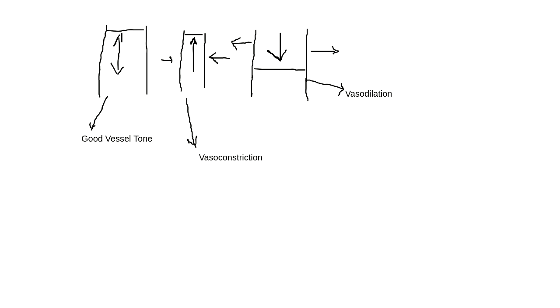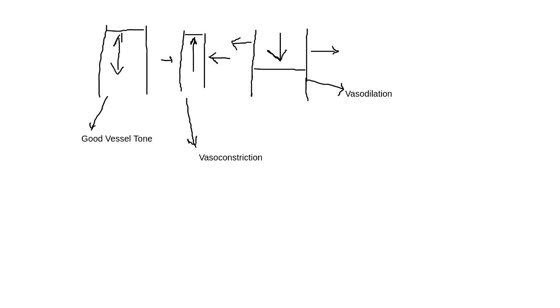We need good vessel tone in order to function in our daily lives, right? Our blood vessels are never fully open or fully closed or constricted. They adjust in size based on the activities that we're carrying out.